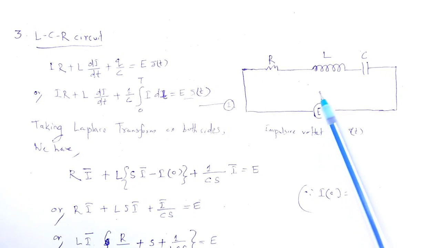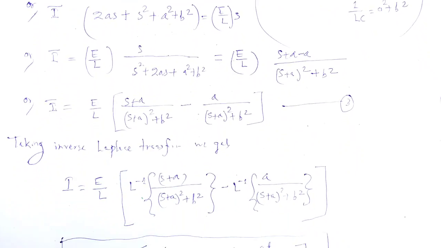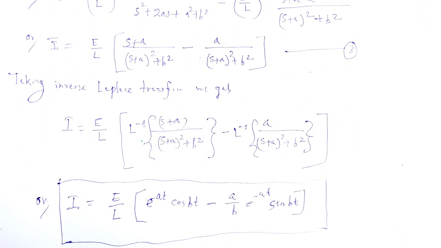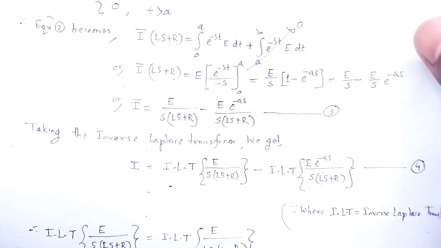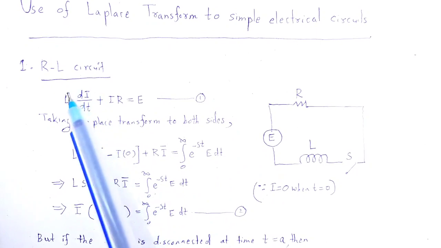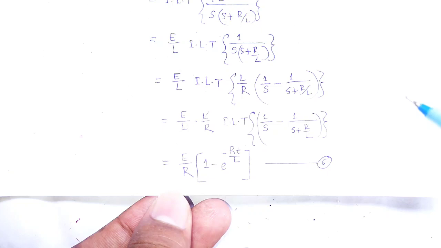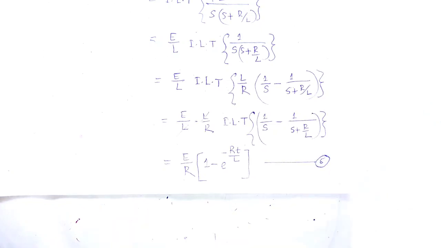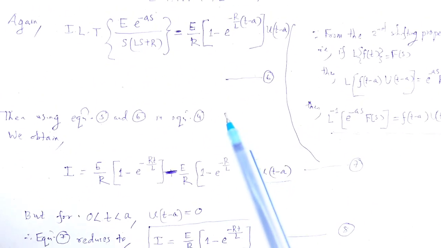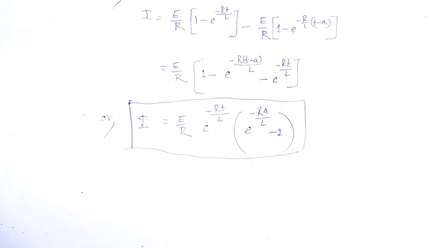By taking the LCR circuit and using Laplace transform, we evaluate the mathematical expression for current. So, with the help of this video lecture, we can understand the use of Laplace transform to simple electrical circuits. First, the RL circuit, and that be the expression for current.